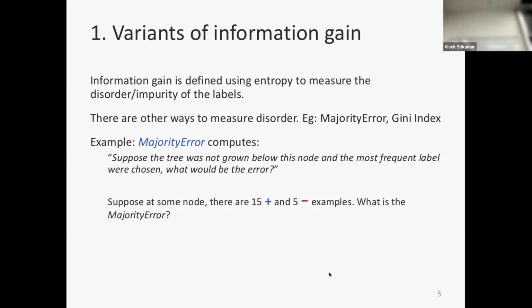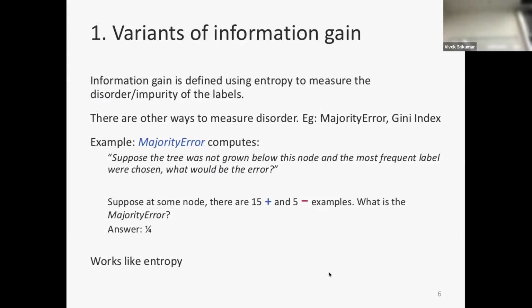So if you have a data set with 15 pluses and 5 minuses, what's the majority error? 0.25. If you have 15 pluses and 5 minuses, you are forced to pick the most common label, you pick plus. That means on those 5 examples that are minus, you're going to make a mistake. So the majority error is 0.25.